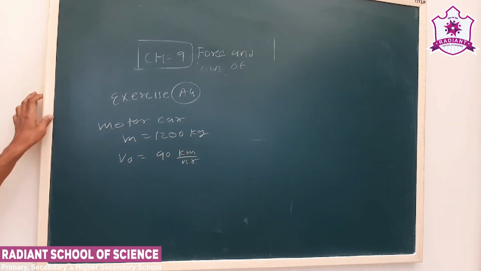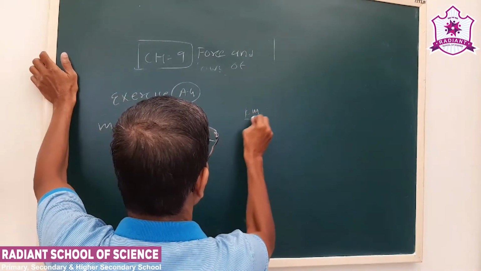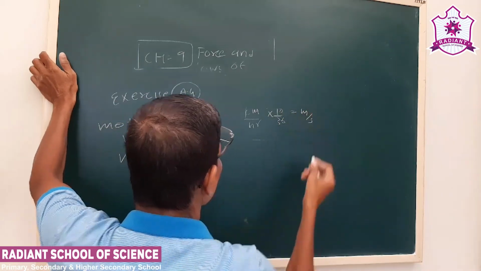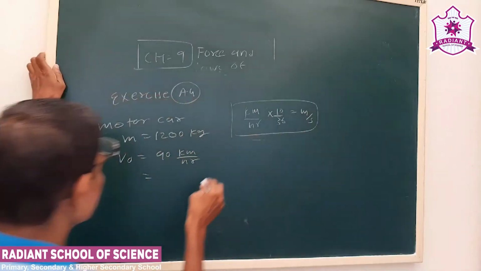Now I give the formula for how to convert kilometer per hour. This is the formula we should remember.